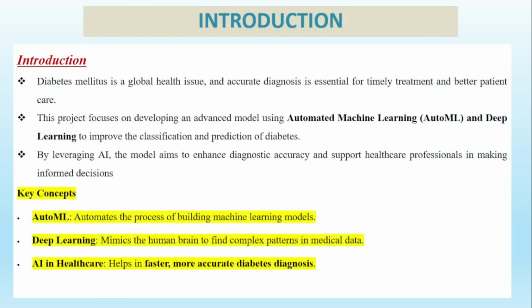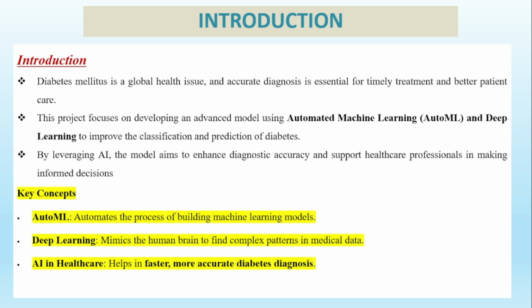So first I will introduce my research. In my research, the main focus is on diabetes classification. Diabetes mellitus is a global health issue and accurate diagnosis is essential for timely treatment and better patient care.